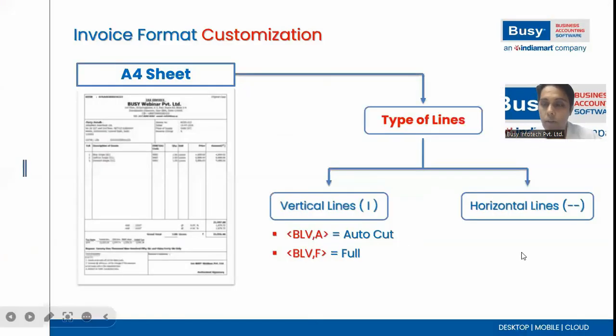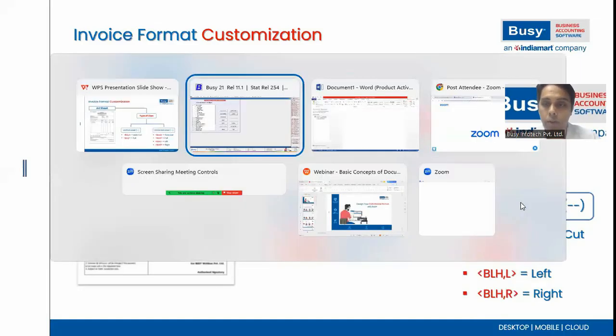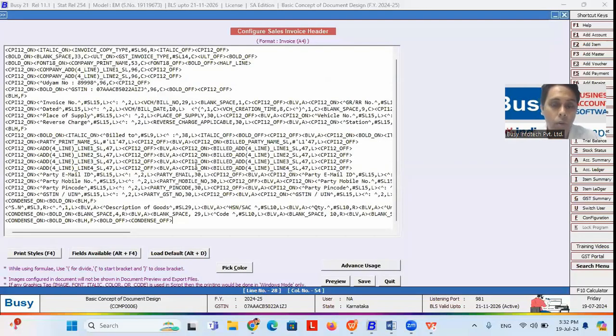Next, coming to the horizontal line concept. In horizontal line, there are different commands like Busy Line Horizontal A, where A also means auto cut. As I showed you the vertical line concept, let me show you the horizontal line concept. This is BLHF, where F means the full line. It will completely cover the line between the rows.